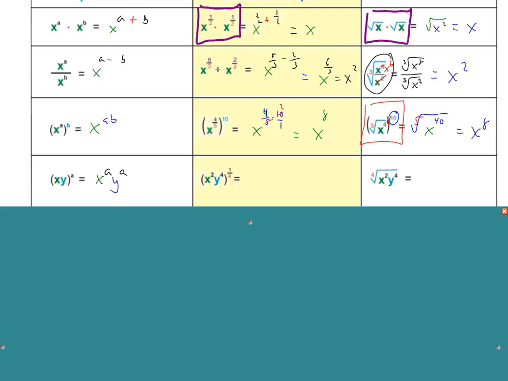How many x's do you get? 2, x times x. How many y's do you get? 2, y times y. I don't want to confuse you. All right, so the second example, again, this is going to be x to the 2 times the 1/4, and the y to its exponent 4 times the 1/4.